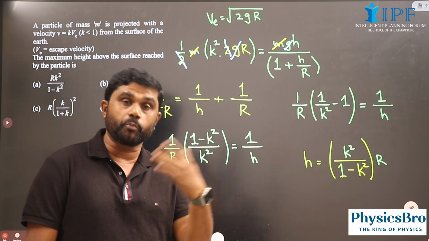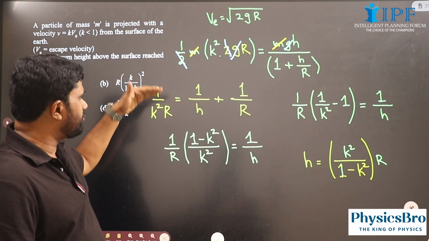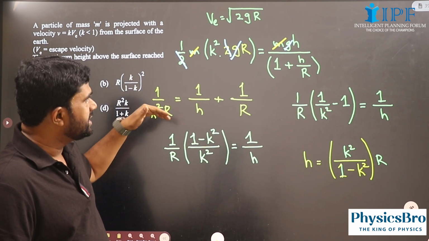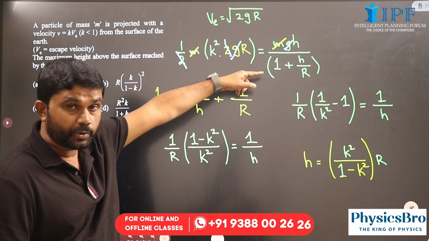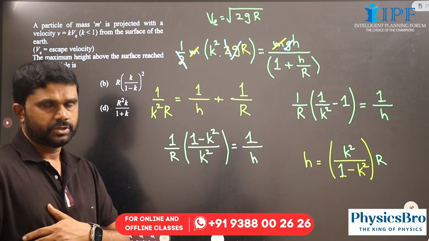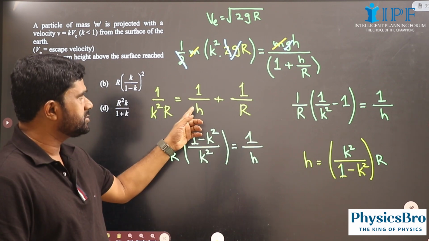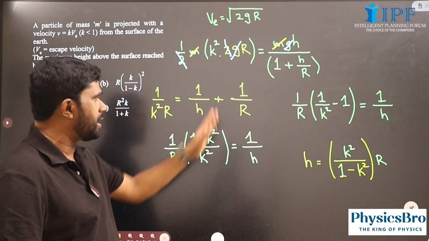Take the reciprocal on both sides. On the left side we will get 1 by k square r, and on the right side the reciprocal of h by 1 plus h by r will be 1 plus h by r whole divided by h. So the first term will be 1 by h and the second term h by r by h means it is 1 by r.